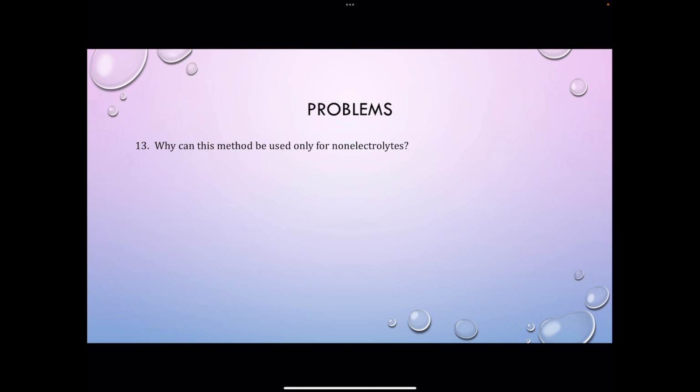So this particular method can only be used for unknowns that are non-electrolytes. The reason for this is that in order to use our temperature change equation, we need to know what i is. If we had an electrolyte and we don't know its identity, we don't know how many ions we have present. And if we don't know how many ions we have present, we can't determine our i value.